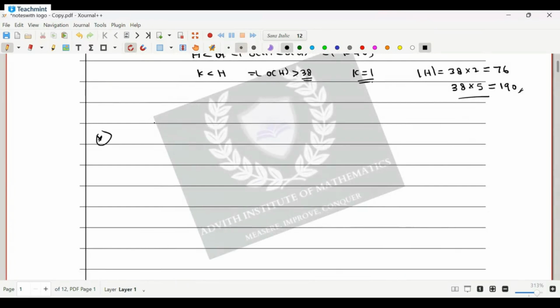Which one of the following groups has all proper subgroups cyclic?